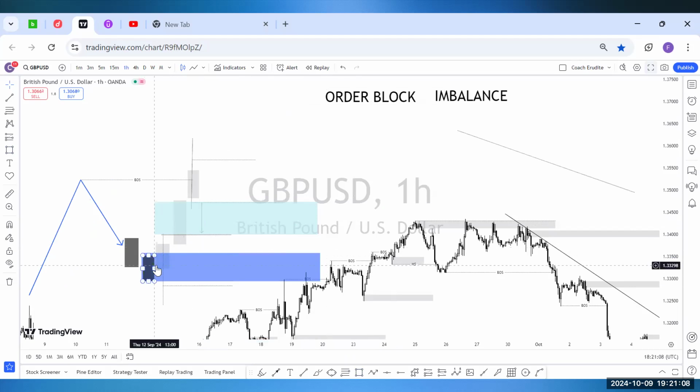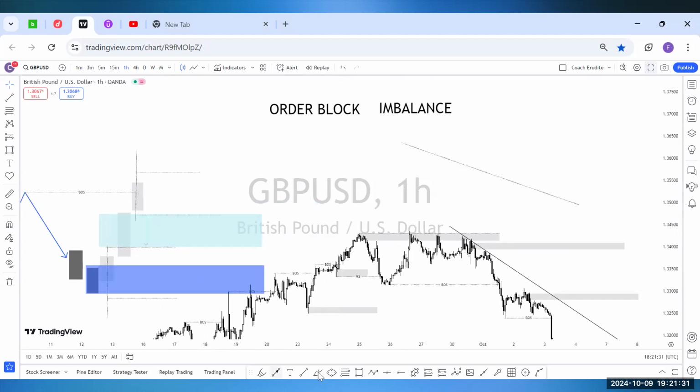And any other block where you can see imbalance in that area is a valid order block zone. Because what makes your order block valid is that it must create an imbalance, inefficiency. That will make every order that the institutional trader is placing here valid. Hope you understand. That means price moves up.